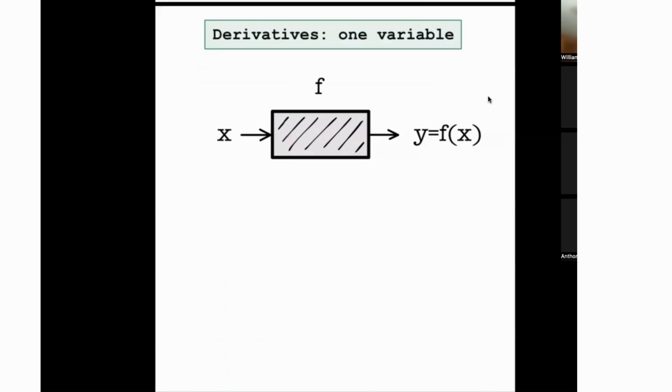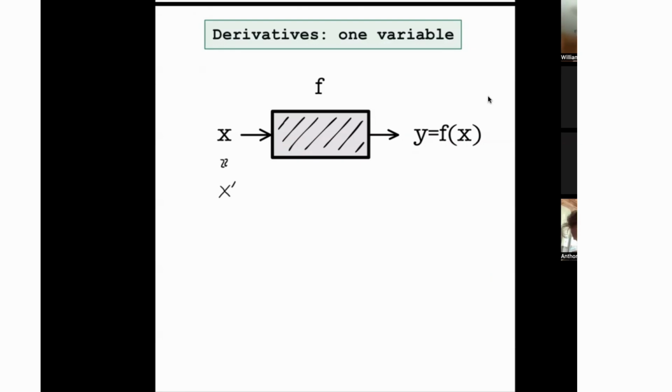The output variable is y. And calculus is the study of how functions change their behavior as you change the input. So, taking this value x, think about adjusting the value of x slightly. We pick a different value of x which is nearby, fiddle around with the input, and that's going to have some effect on the output as well.